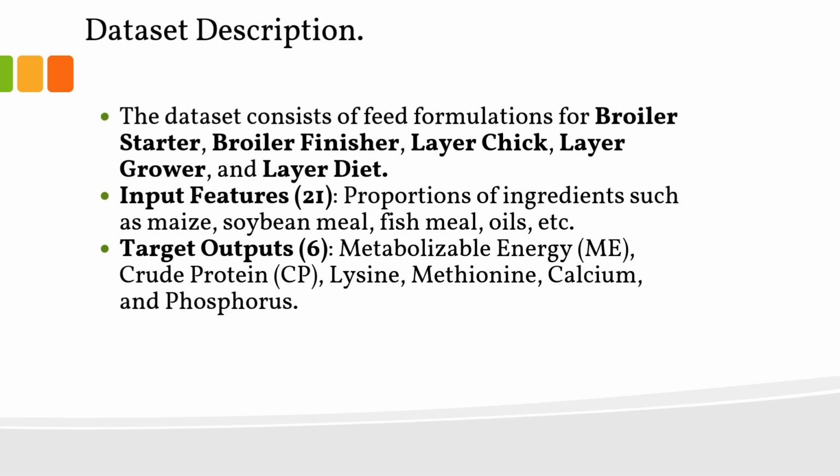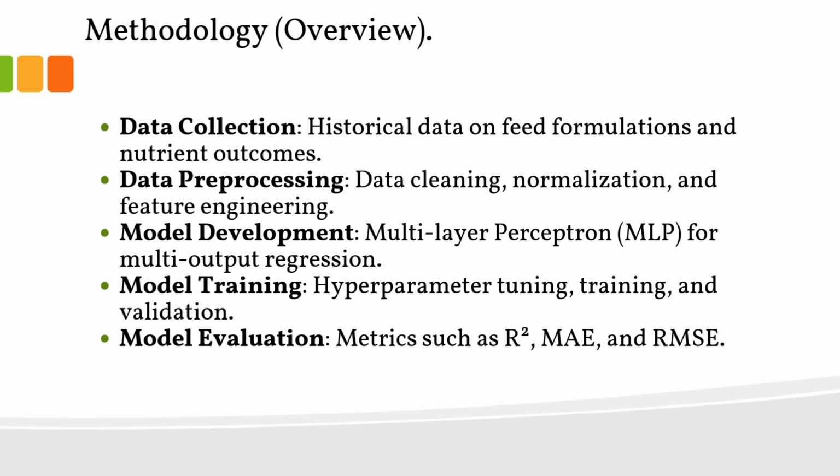A farmer mixes various proportions of ingredients and wants to predict the amount of energy that would come from this mixture. When I mix these proportions of values, what could be the output? That is basically the model.